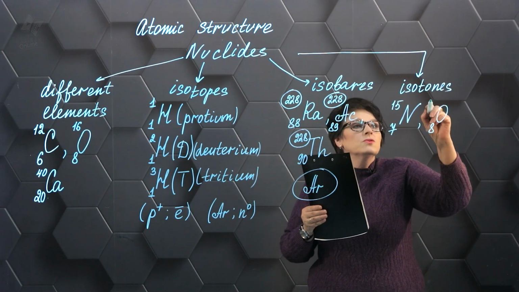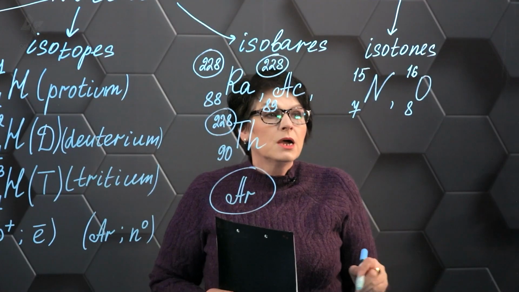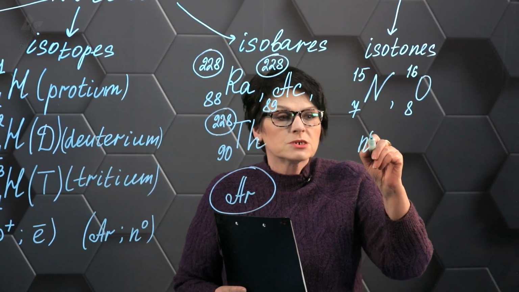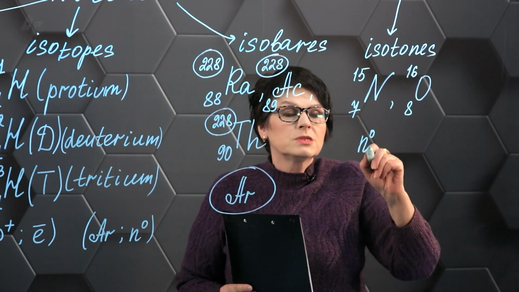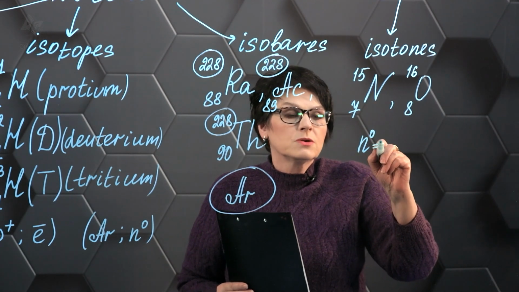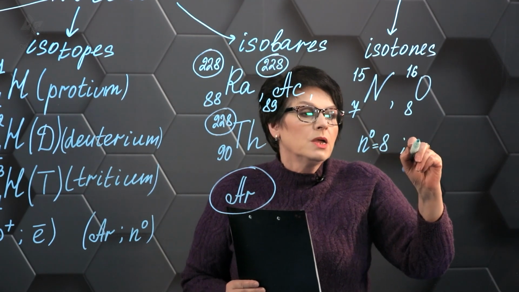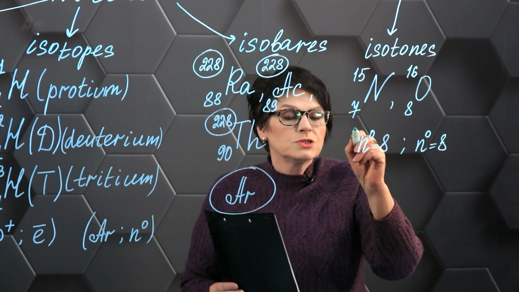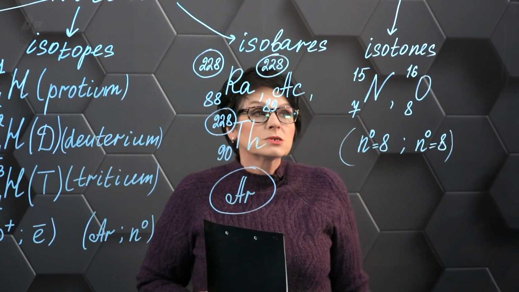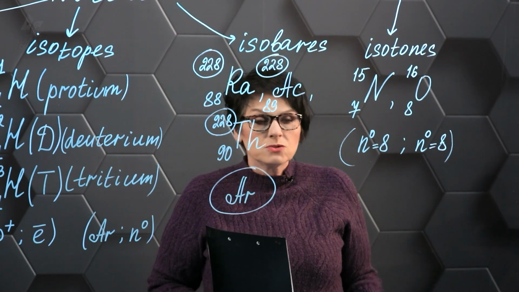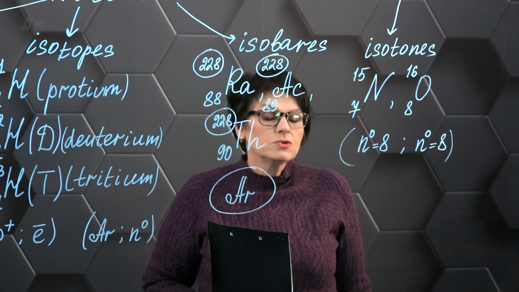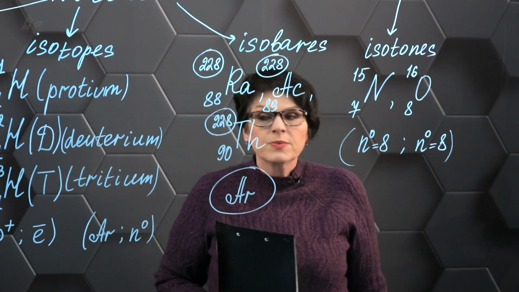If we count the neutron content of each of these particles, it's 8 for nitrogen. And for oxygen, it will also have a total of 8 particles. Consequently, isotones can be defined as distinct nuclides that possess precisely the same number of neutrons.